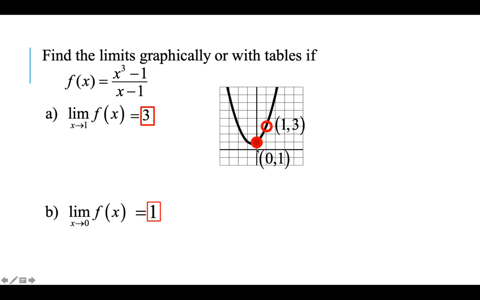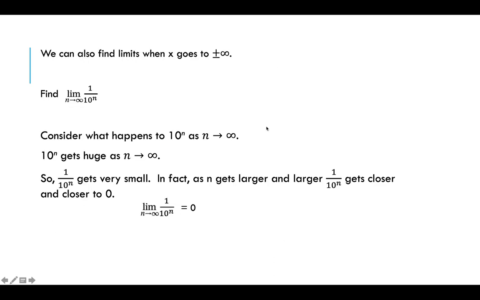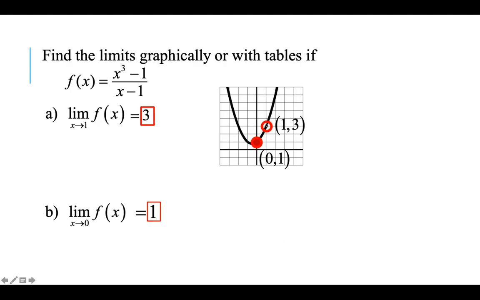As x approaches 1 from the left, that means these points right here that are very close to 1 but not equaling 1, what happens to the function values for these x values? We'll come up here and trace them onto the function itself. As we approach from the left, our function values are approaching 3.